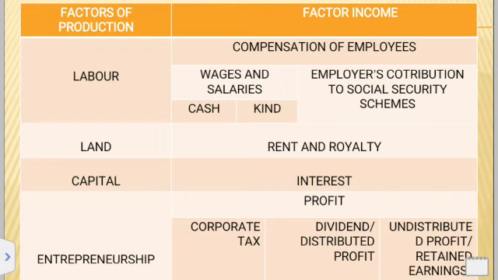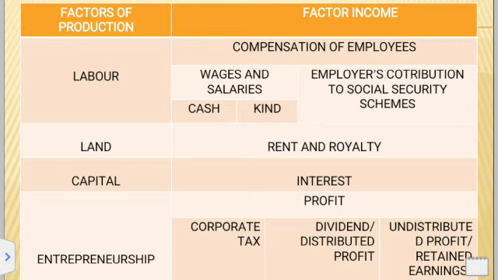Whenever a factor of production is employed in the production process, the producer has to pay, that is the factor payment, and that factor payment constitutes the cost of production for the producer, and the cost of production for the producer becomes the income for the owner who provides that factor of production.